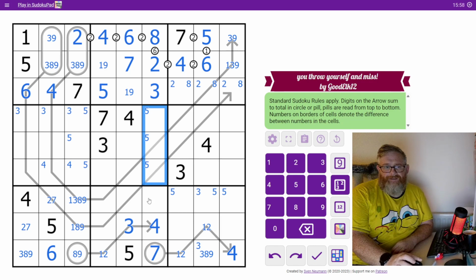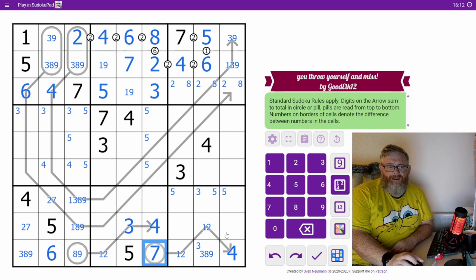What about 8s? 8's kind of around here. 2, yeah, no, not helpful. Okay, 7 already down there. Yeah, well, there's no 7. Oh, there's a 7 there. Oh dear.